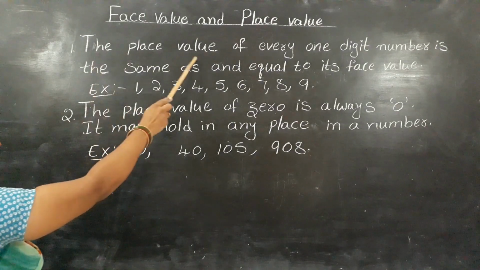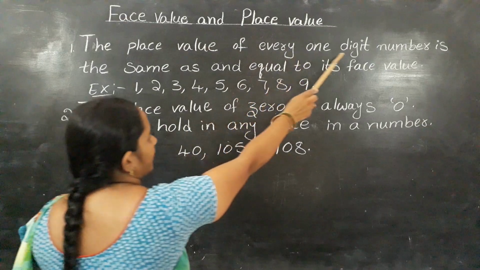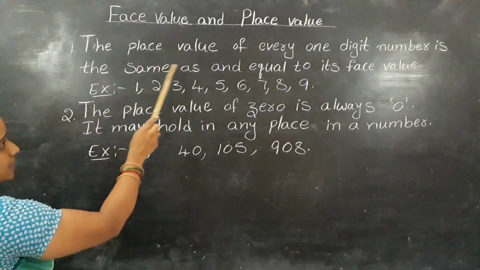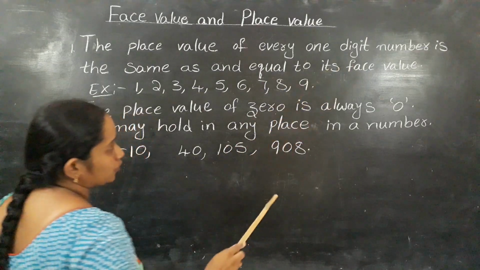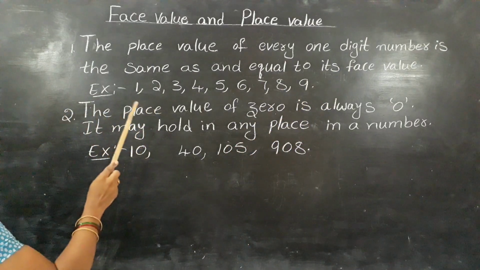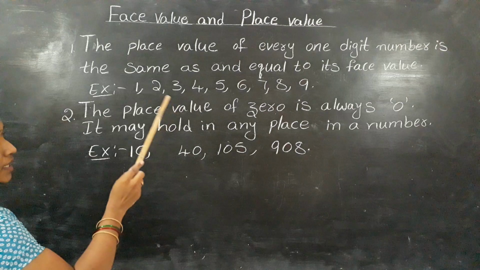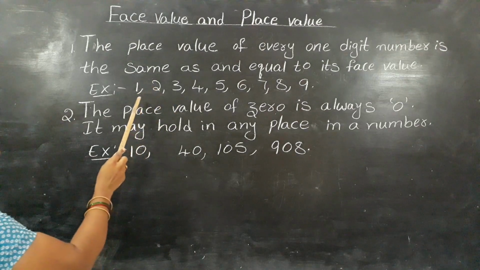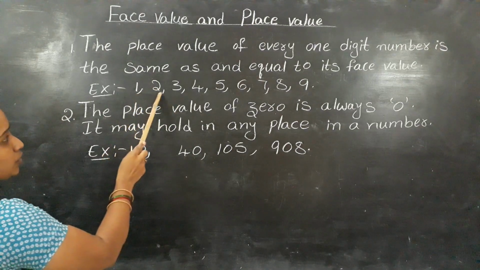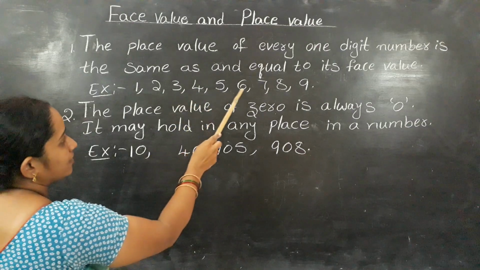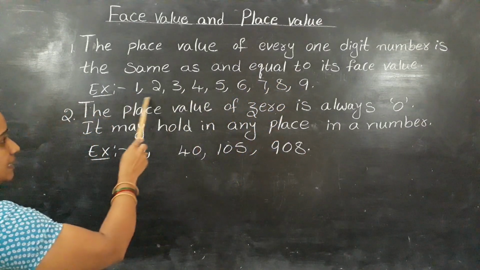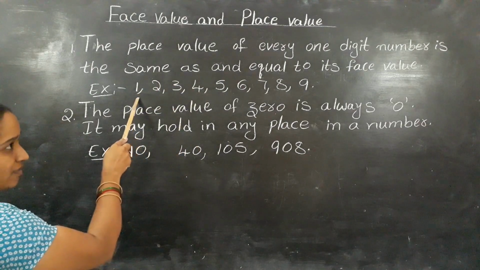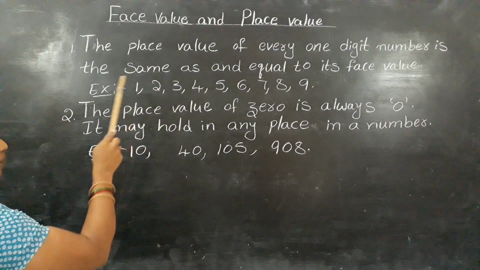The place value of every one digit number is equal to its face value. Like 1, 2, 3, 4, 5, 6, 7, 8 and 9. These one digit numbers have the same place value and face value.